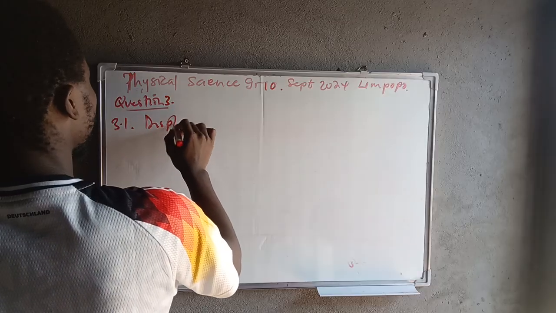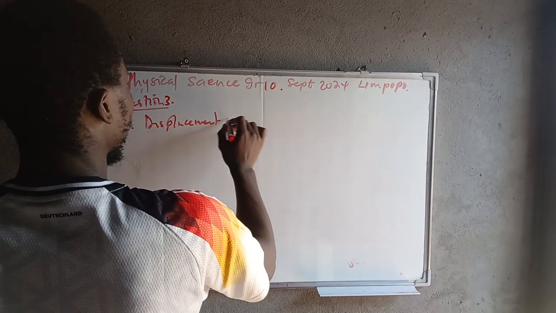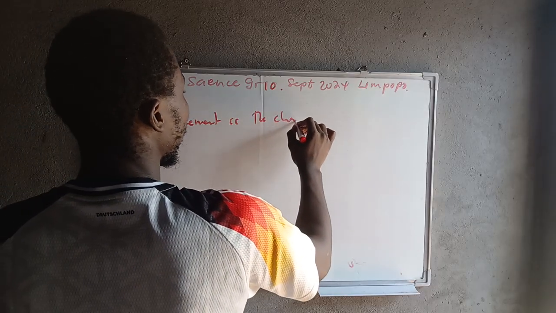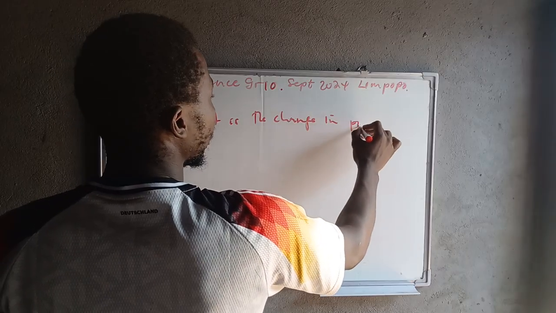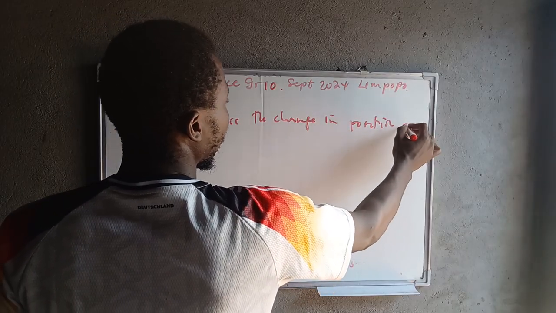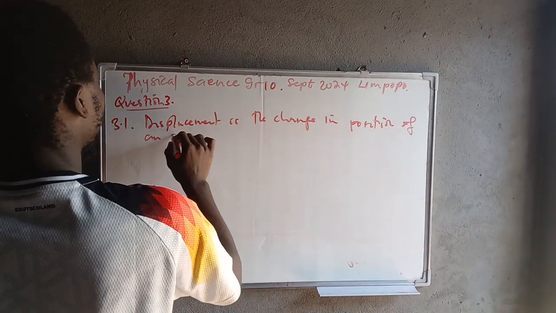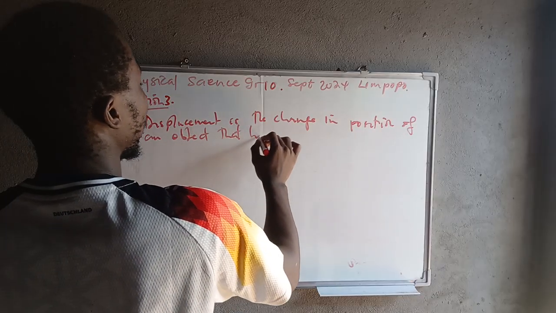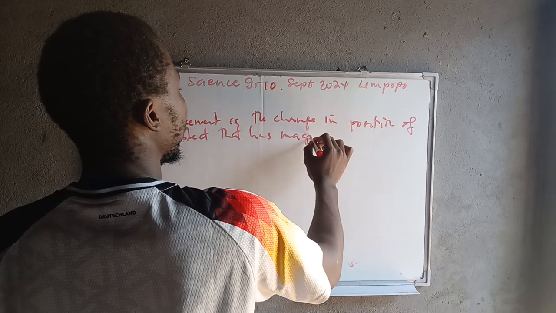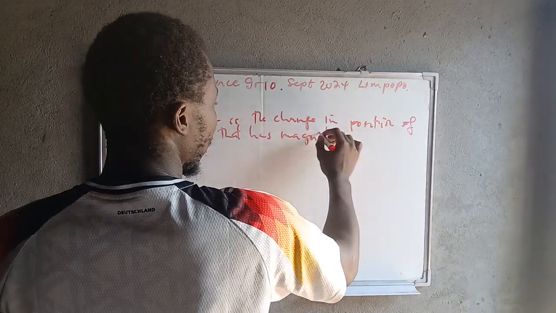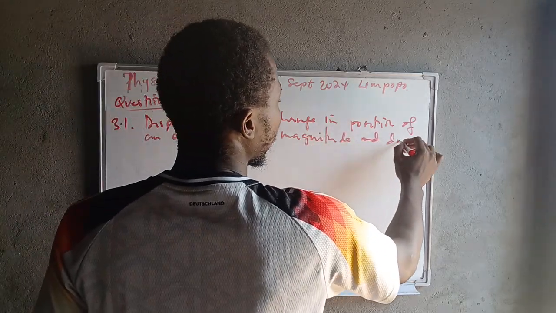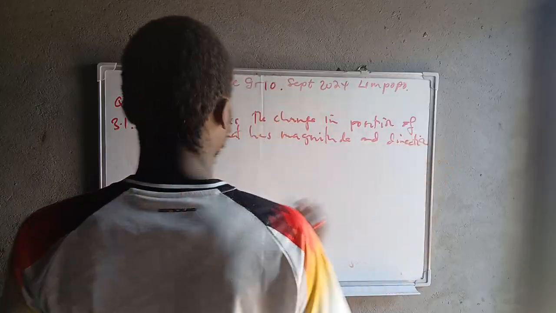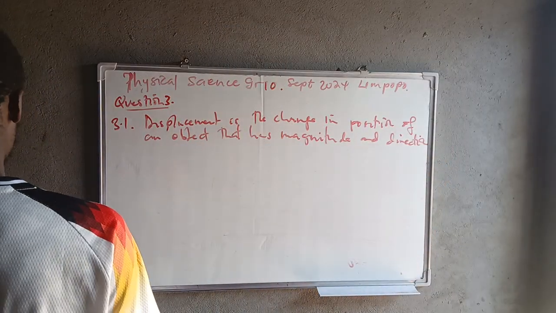A displacement is the change in position of an object that has magnitude and direction. We can define displacement like this.